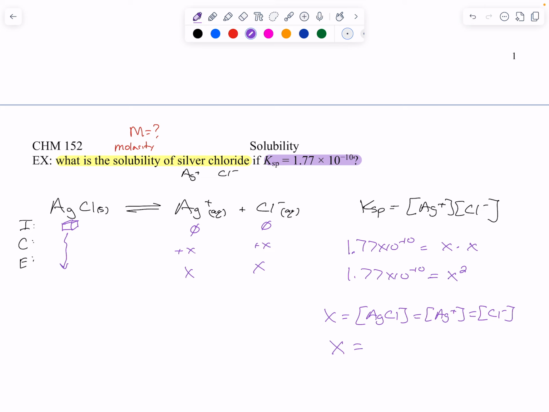And our x, if we get out the calculator, square root of 1.77 times 10 to the negative 10th. I'm getting 1.33 times 10 to the negative 5th. So that's what I get for how much silver chloride will dissolve, of course, at 25 degrees Celsius in chemistry land. There we go.